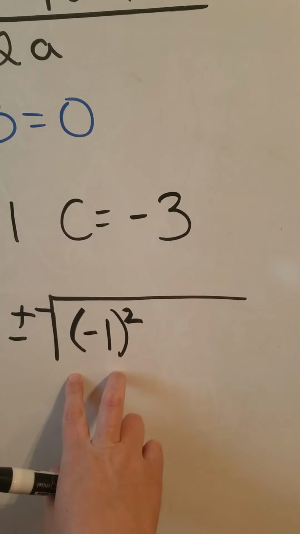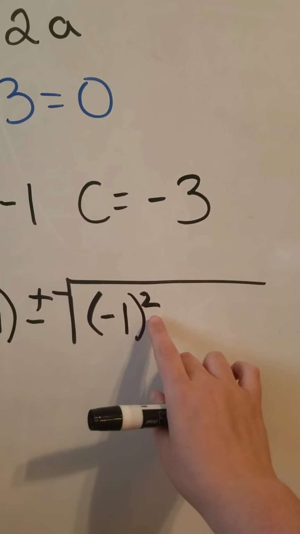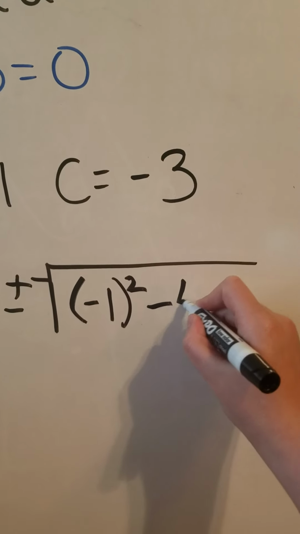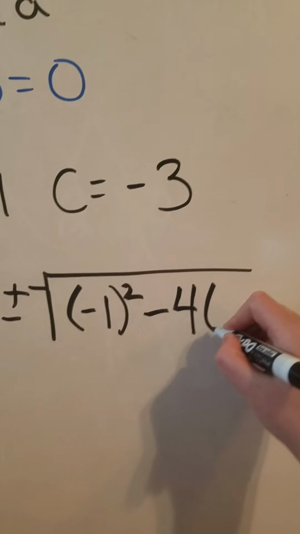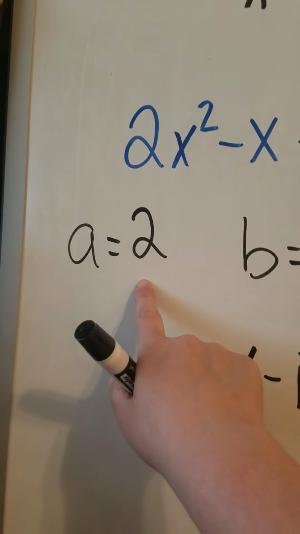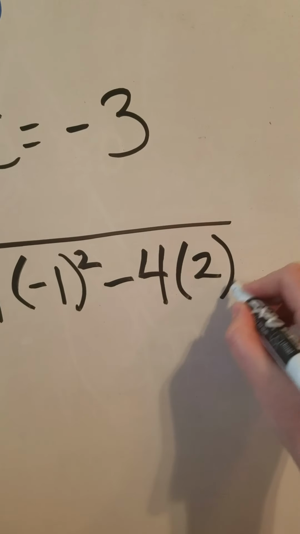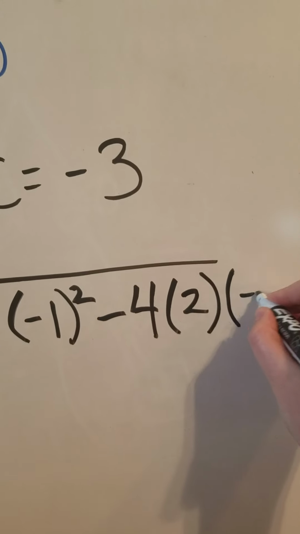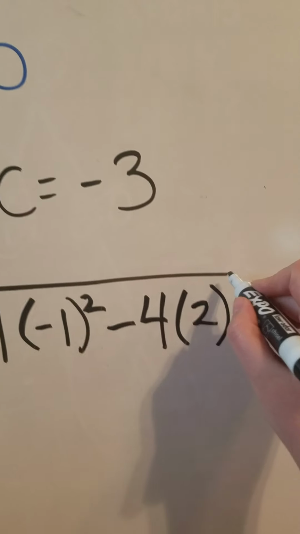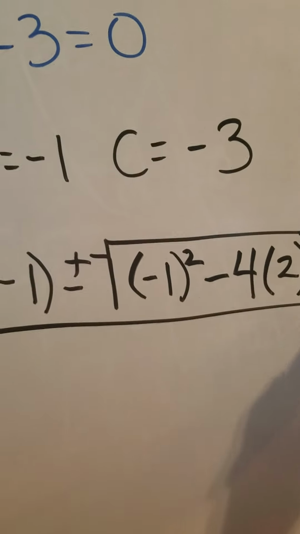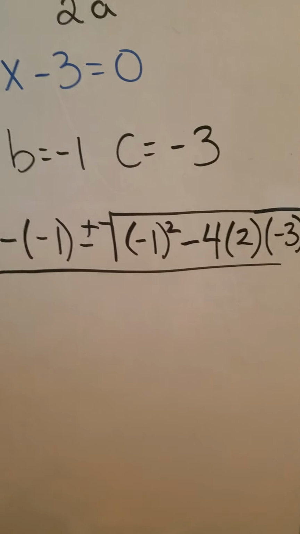Notice that I put that in parentheses so I know that negative 1 is being squared here. Minus 4, my A value, which we said is 2. And then my C value, which is negative 3. And this is all being put over 2A.